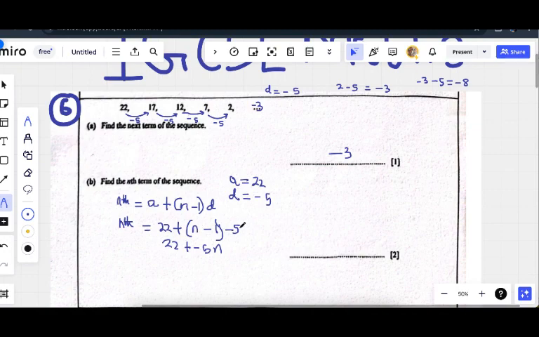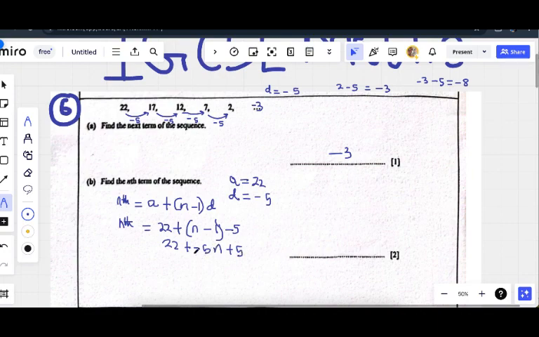Then the next thing is negative 5 times negative 1. We get positive 5. Why does this become positive? Because this negative is multiplied by this negative. Negative 5 multiplied by negative 1, we get positive 5. Okay?